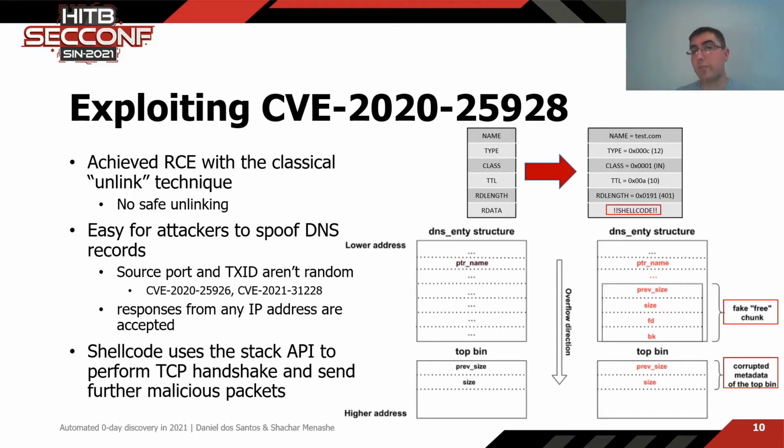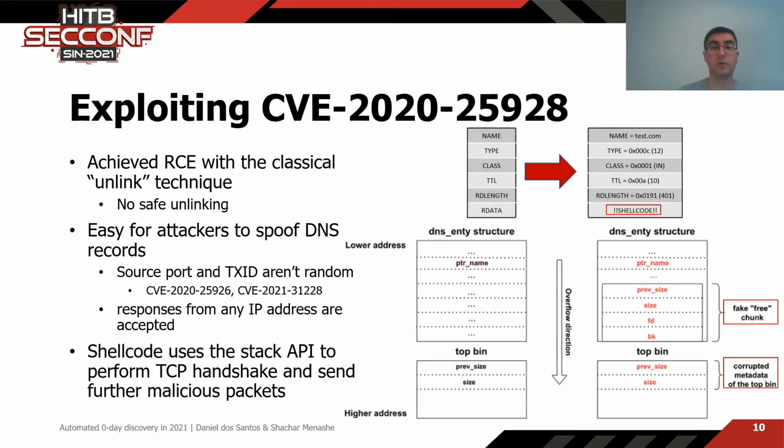And it's interesting because this is a DNS response packet, but it's easy to spoof DNS records that will be accepted by a device, because the techniques that are usually used to synchronize DNS requests and replies, which are the UDP source port and the transaction ID, are not actually random in this stack, right?